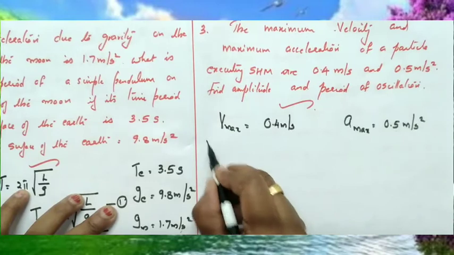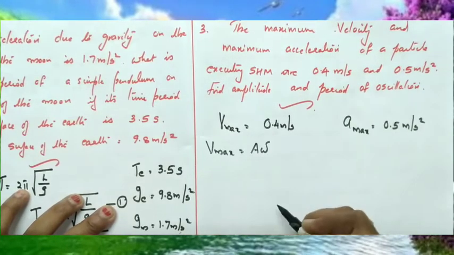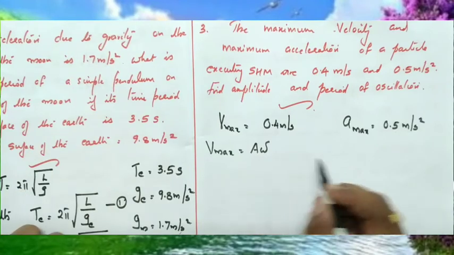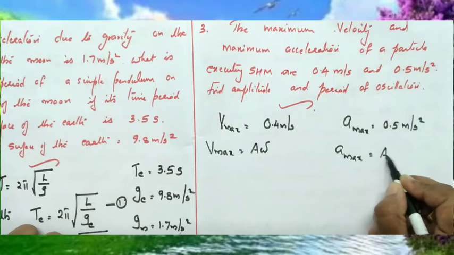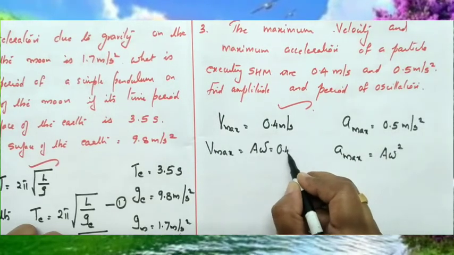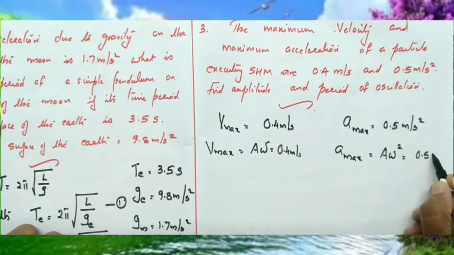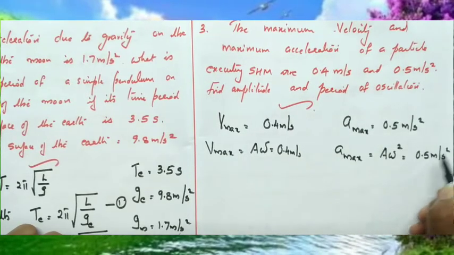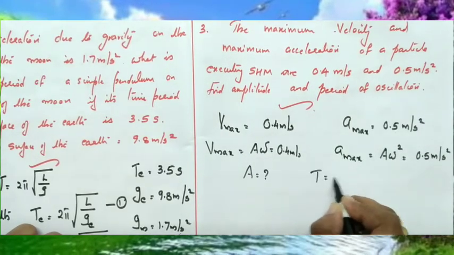We know the formula for maximum velocity is A omega, and the formula for maximum acceleration is A omega square. We have to find the amplitude and the time period.